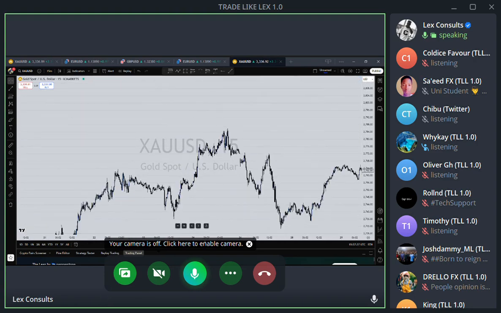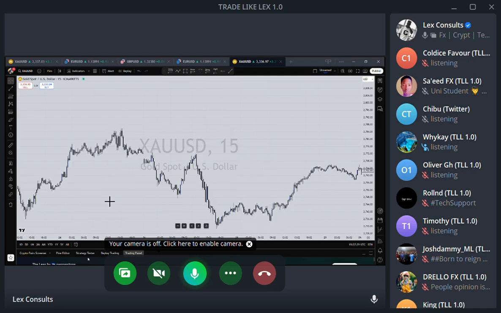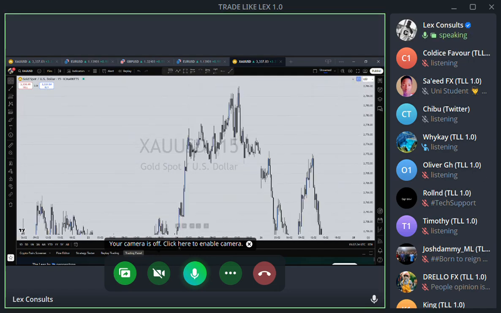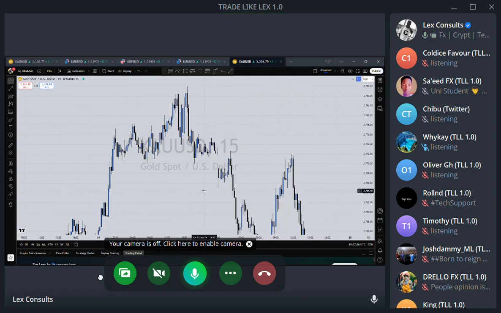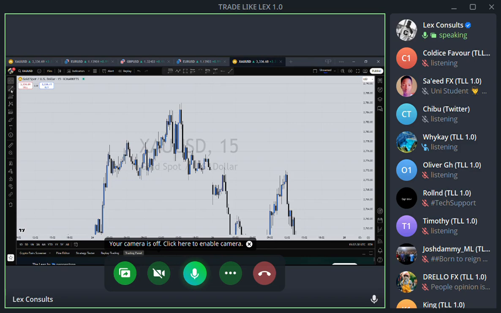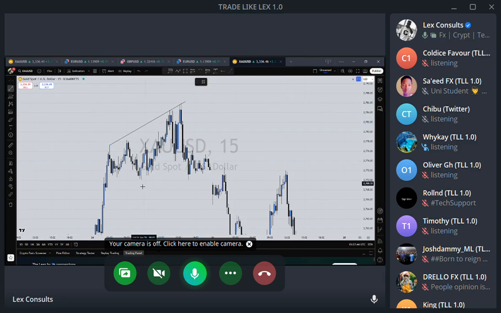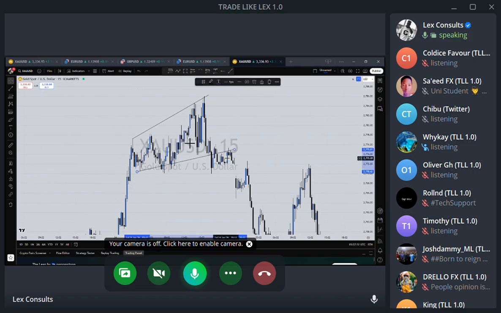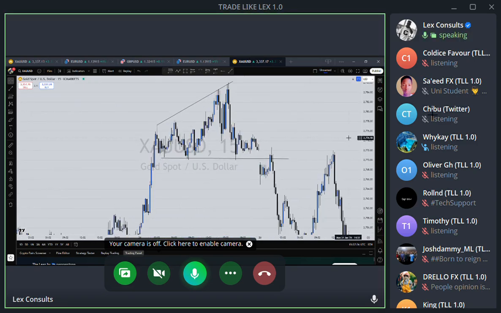Let's check if we see something else. Okay, I think this looks like it. Time frame is this 15 minutes. This looks like, not exactly, but like I told you guys, this is the scarce one among the patterns. Something like this. No, it's not. Okay, it looks like it.